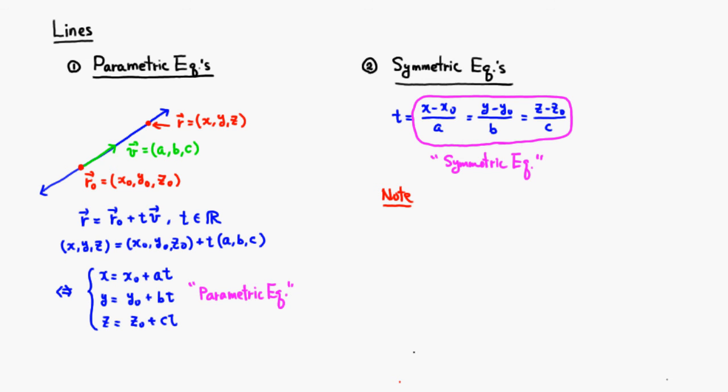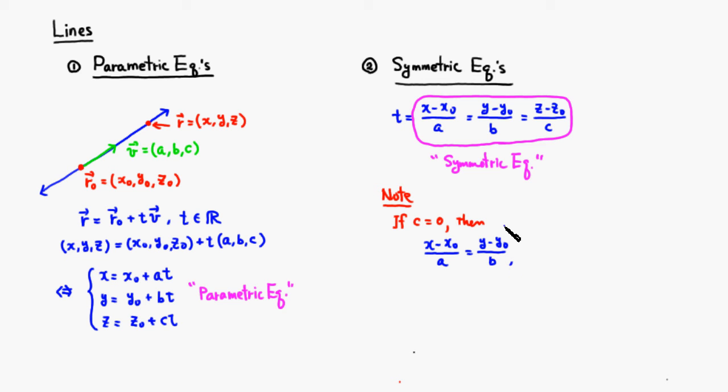For example, say c happens to be equal to 0. Then we cannot put 0 in the denominator. Assuming that a and b are non-zero, you would have to write a couple of equations. You have x minus x0 over a equals y minus y0 over b.